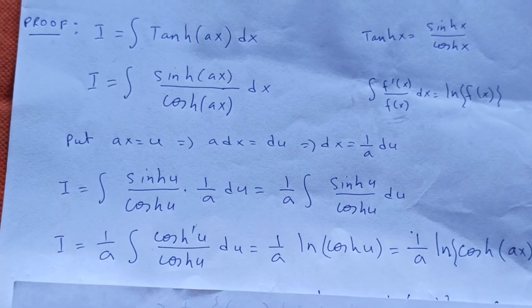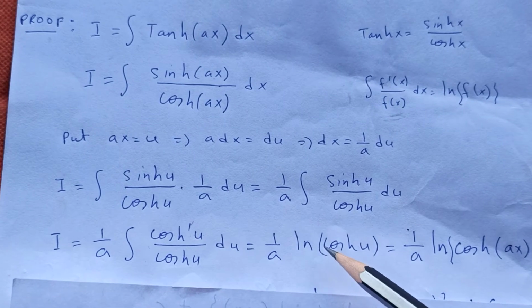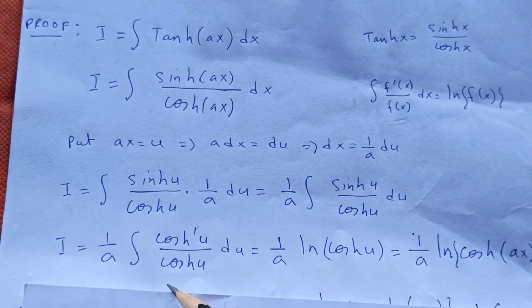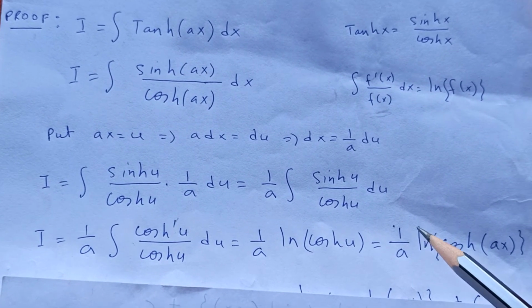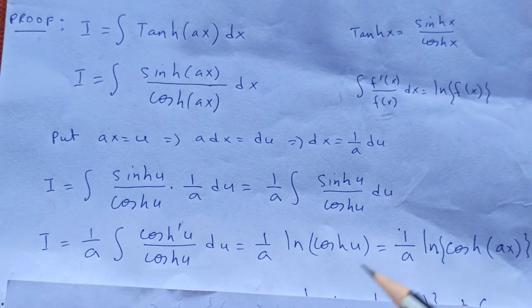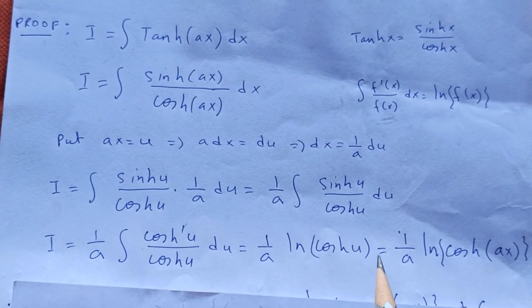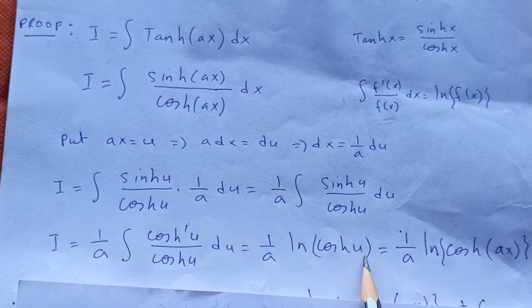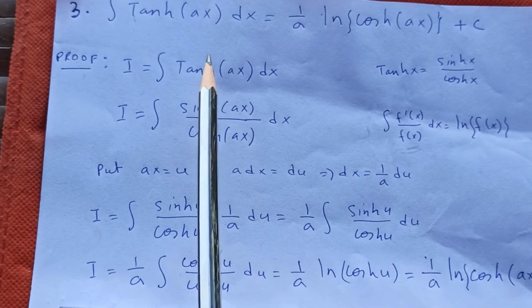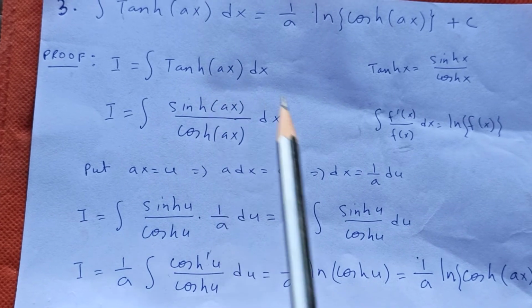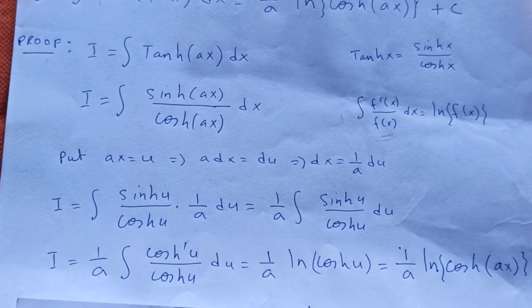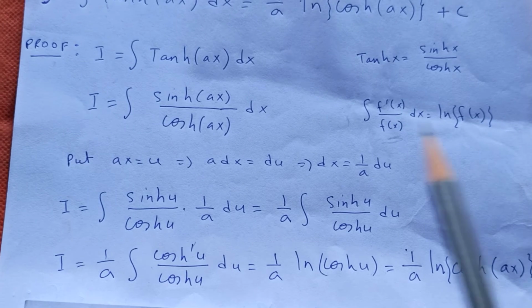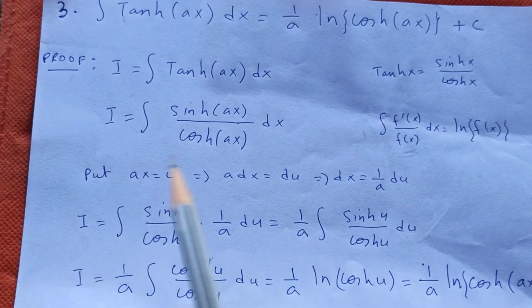So this will be 1 over a natural log of cos hyperbolic of u, right? But we are not in the u world; our original is in the x world. So in place of u, just substitute back: u equals ax.